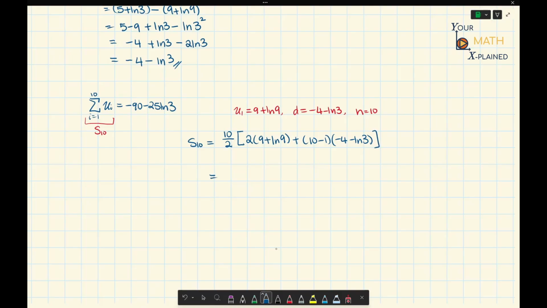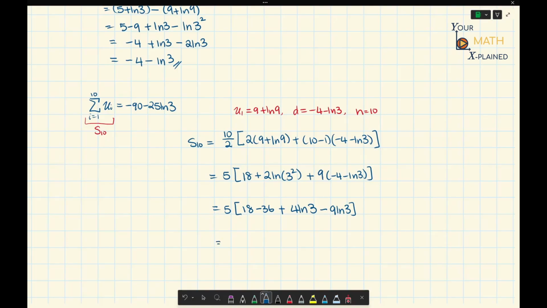And now this is just purely algebra. So we get this is equal to 5 times (18 plus 2 times ln of 3 squared plus 9 times (negative 4 minus ln of 3)). And this is equal to 5 times (18 minus 36 plus, and then we're just going to move the power of 2 in front, so this is 4 times ln of 3, and then minus 9 times ln of 3).